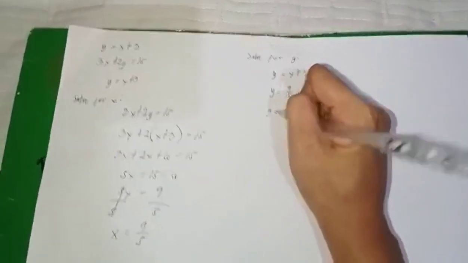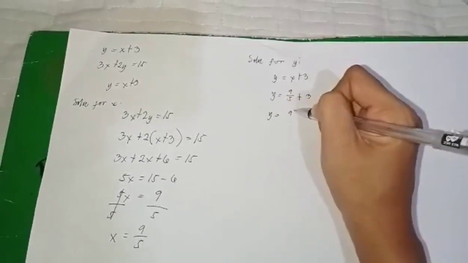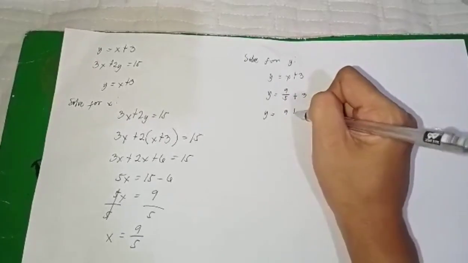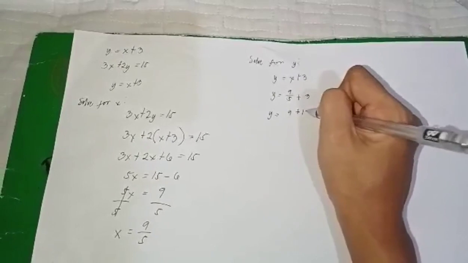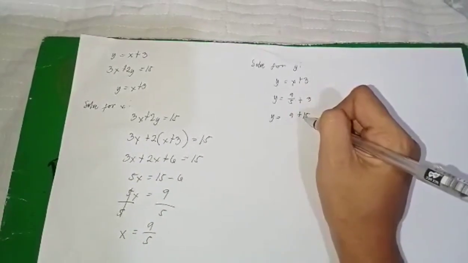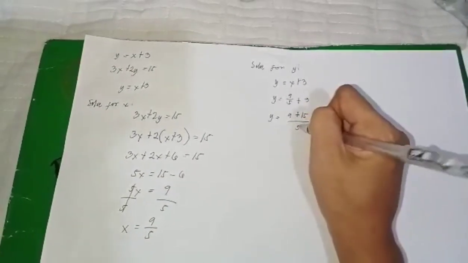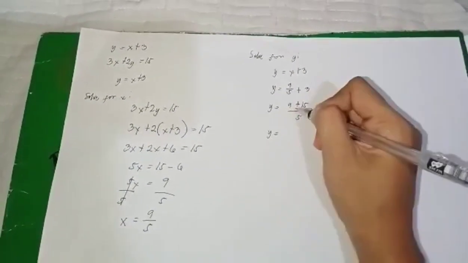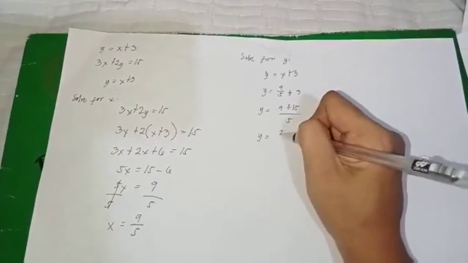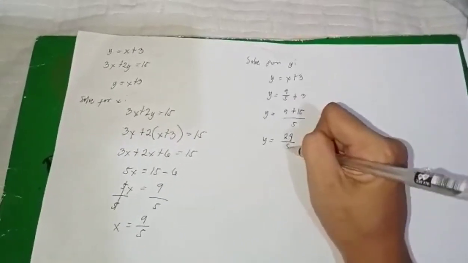Y is equal to 9 plus 15 over 5. Then y is equal to 9 plus 15, 24 over 5.